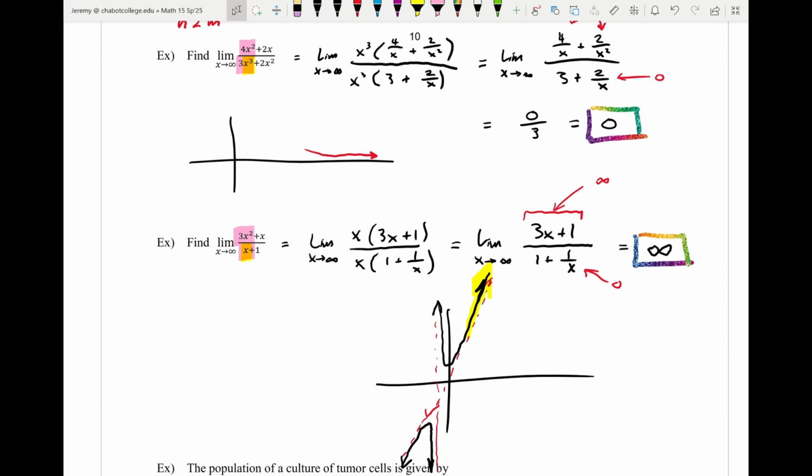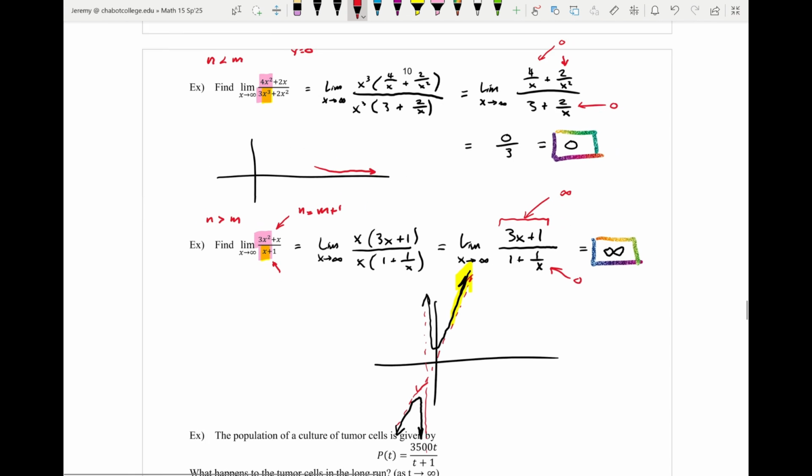And if the degree of the numerator, n, is greater than the degree of the denominator, m, then there is no horizontal asymptote. And in some cases, specifically if the degree of the numerator is 1 more than the degree of the denominator, so in other words, n is equal to m plus 1, that's when we have a slant asymptote. And that's exactly what we ran into in this problem.